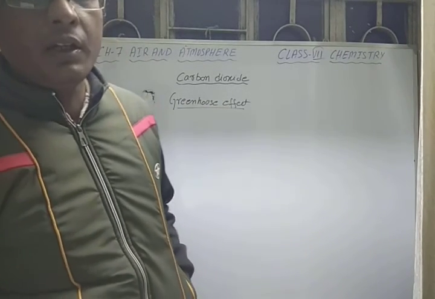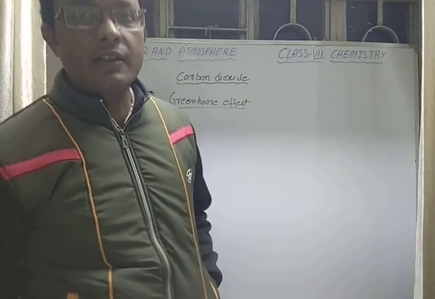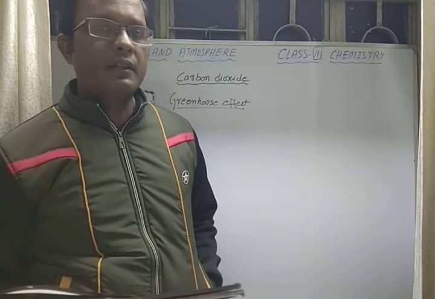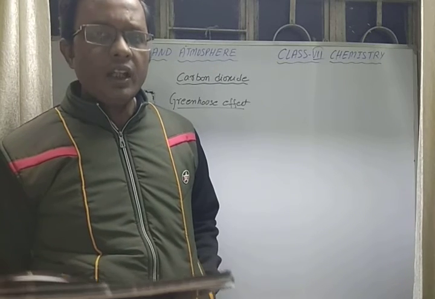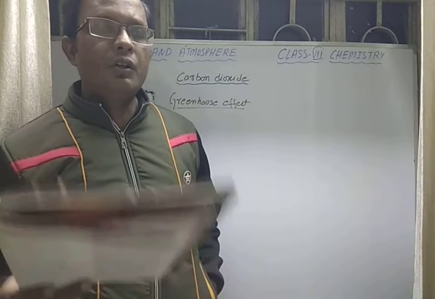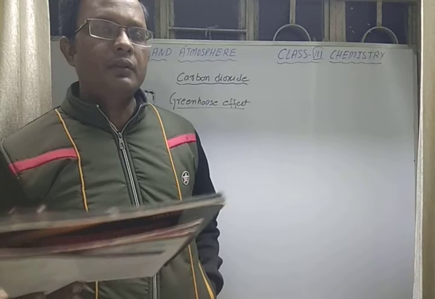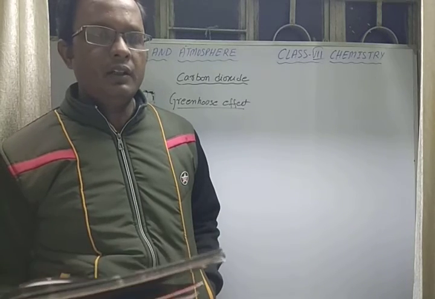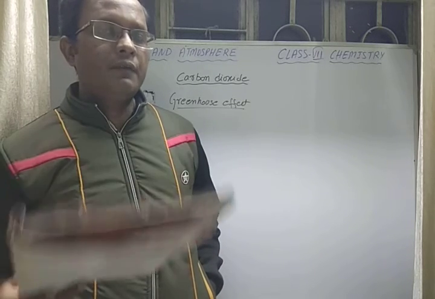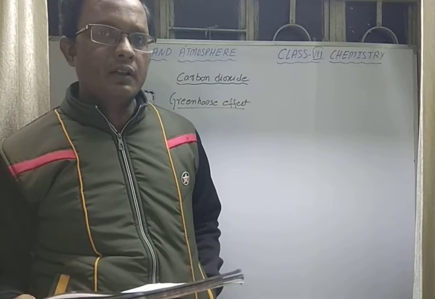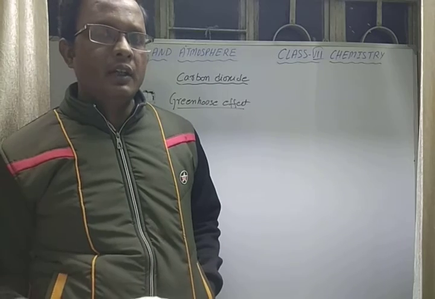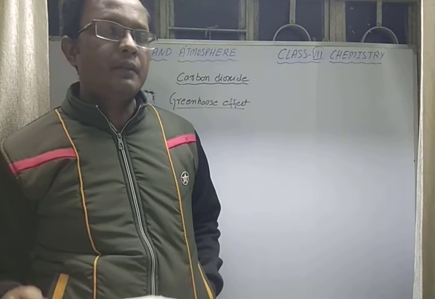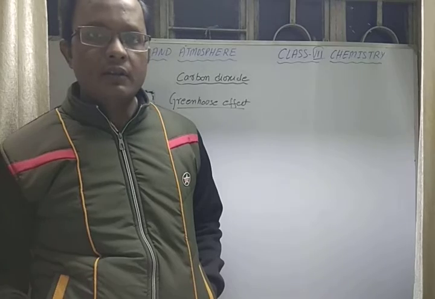All of us know that we are not getting the heat and light of the sun directly. First, when the heat of the sun comes to the earth's surface, it falls on the surface and reflects back, and that heat we are feeling.